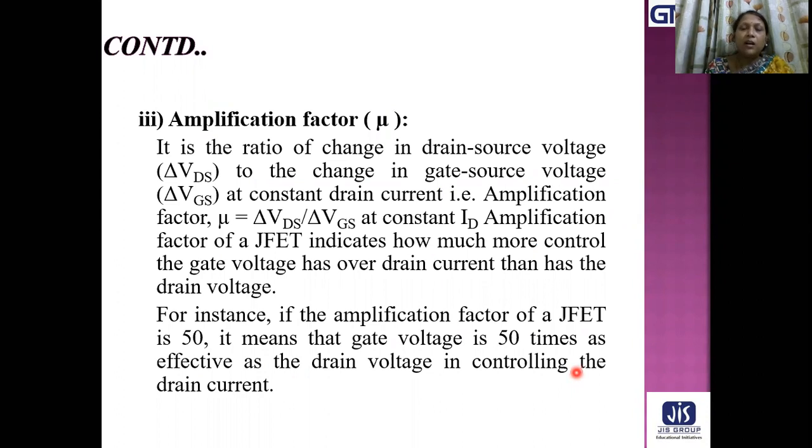Amplification factor, the third one, a very important factor. It is the ratio of change in drain to source voltage, that is del VDS, to the change in gate to source voltage, that is del VGS, at constant drain current. That is amplification factor mu equals del VDS by del VGS at constant ID.